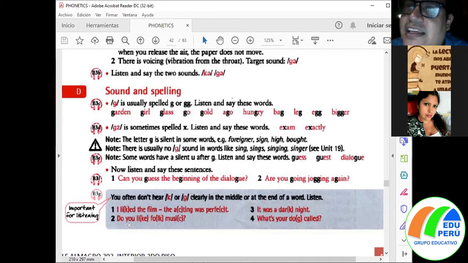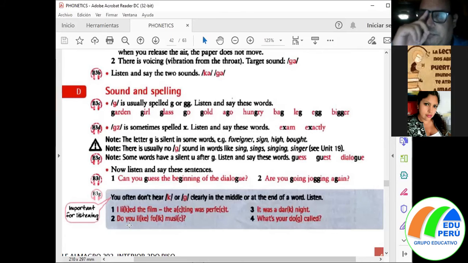Exactly. So the letter X is pronounced with two different sounds, with the sound G, Z. Exam, exactly. Notice you change the pronunciation of this letter X.